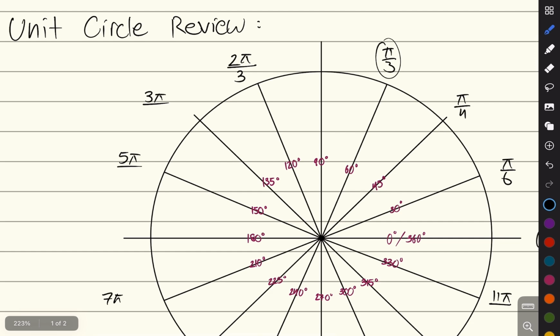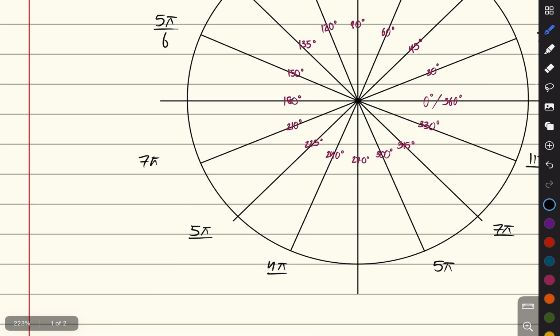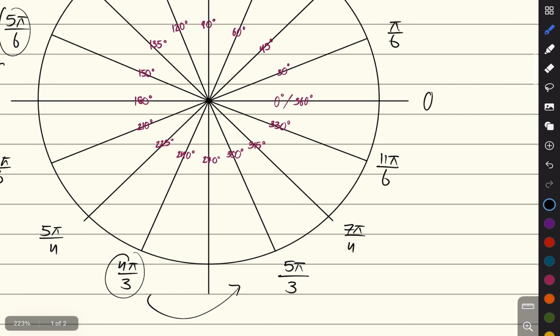So if we keep mirroring, we get 4 on the bottom, 6 over here. And if we now mirror the second quadrant onto the third, we can get the denominator 6, 4, and 3. And likewise, when we do the same thing, we get 3, 4, and 6.